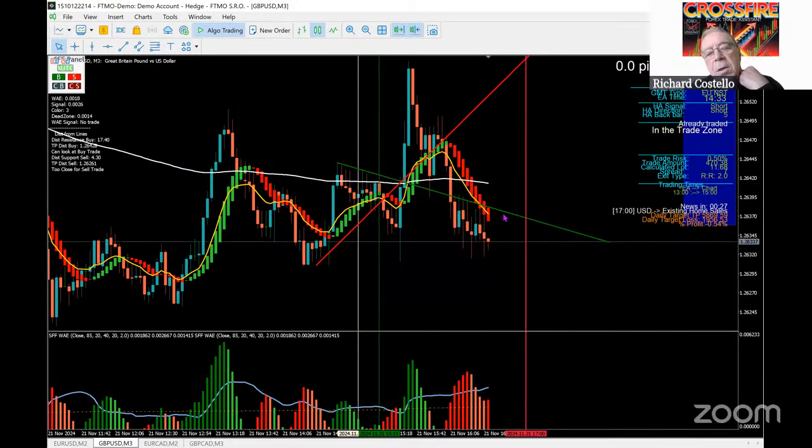If price got above the green trend line, we wanted to get into a trade.